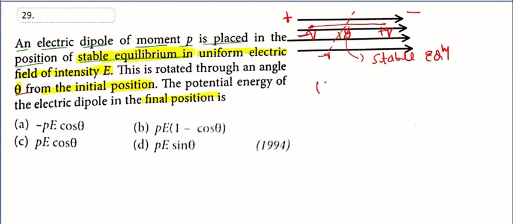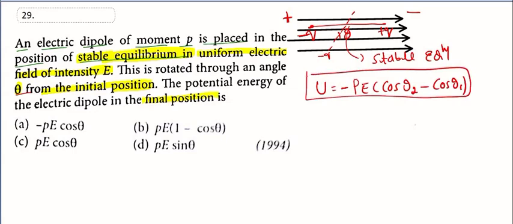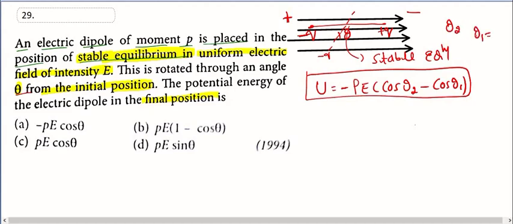Okay, so potential energy is equal to, what is the formula? That is minus PE cos theta 2 minus cos theta 1. This is the potential energy equation. Theta 2 is here, the first one is theta 1. So what is theta 1? Theta 1 becomes 0 degree.